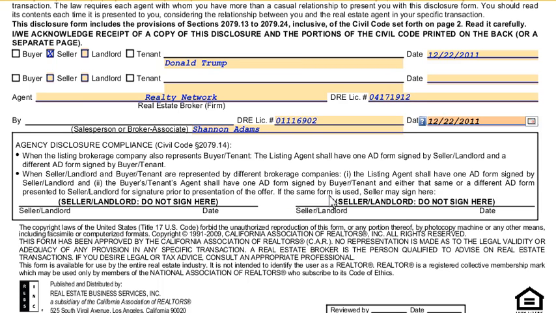If the same form is used, seller may sign here. You will notice on the agency form that says selling agent to seller that this line is blank because it provides a space for the seller to sign and acknowledge the buyer's agent's role in the transaction.